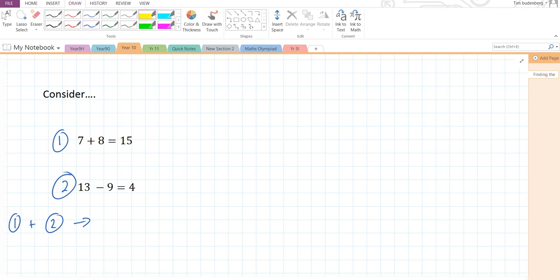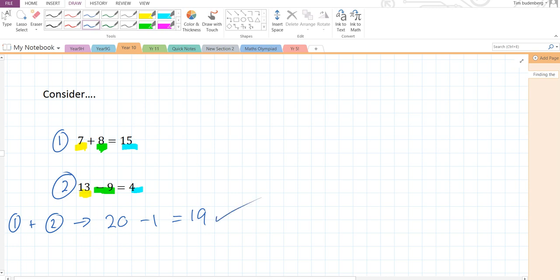And what we're going to do is add the terms that are above each other, essentially. So we have 7 plus 13 is 20. 8 plus minus 9 is negative 1. And this is equal to, well, 15 plus 4, which is 19. So we have an entirely new but completely legal equation.